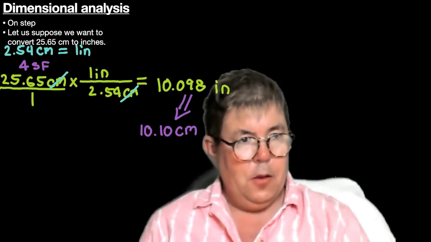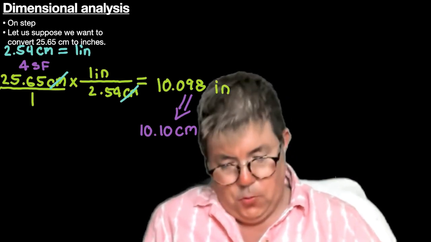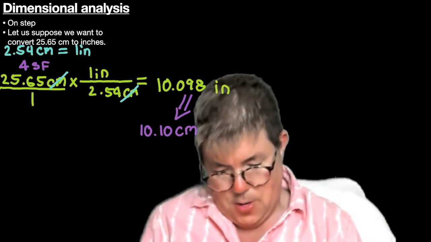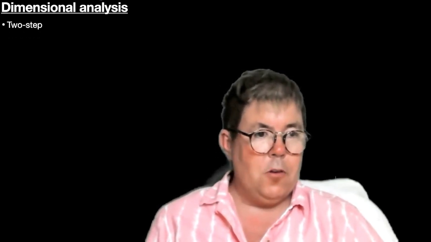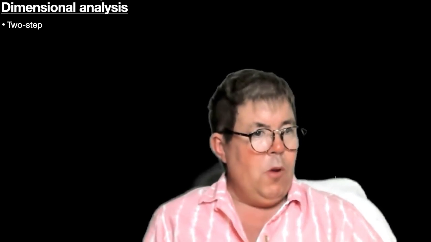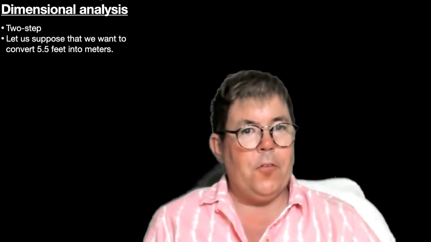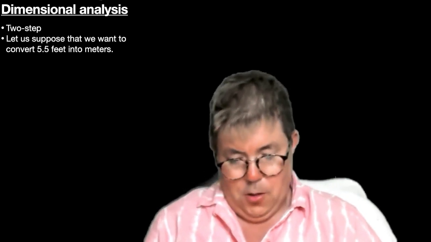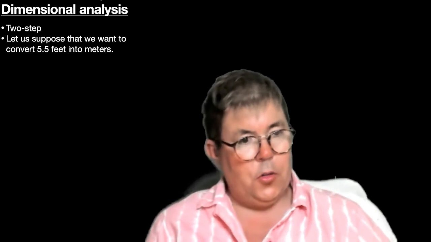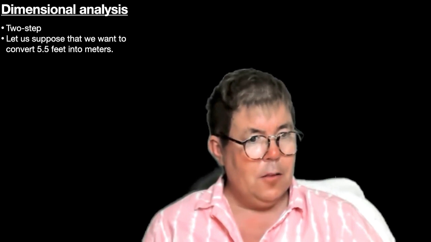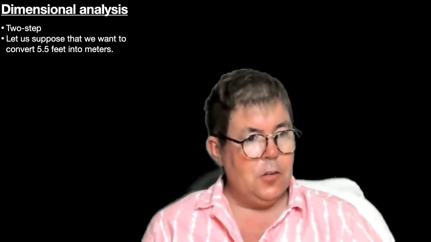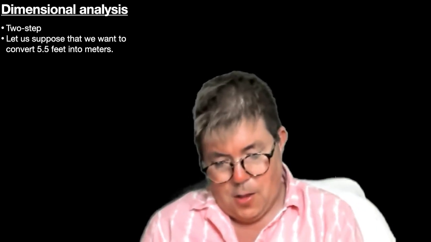Next, we're going to look at a two-step conversion. For a two-step conversion, we're going to look at a sample problem. We want to convert 5.5 feet into meters. Again, I am going to start by writing what we were given on the left side and then write the new units on the right side.